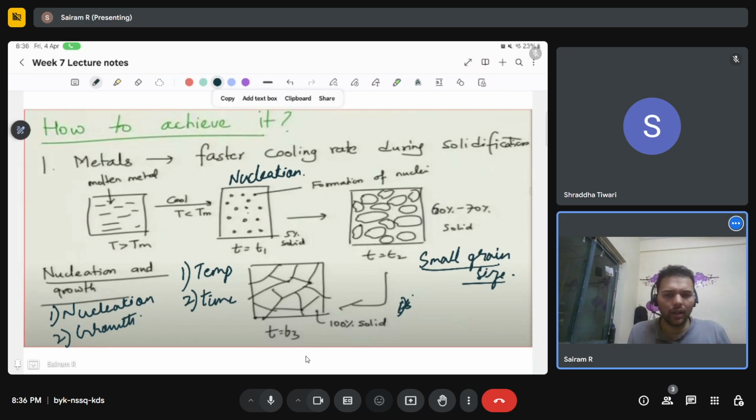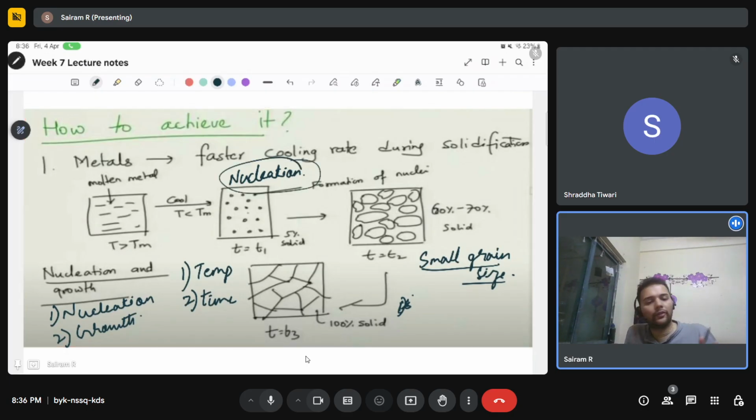So right now, if my cooling rate is very, very fast, I am going to form very small nuclei. That is the very first step. I have my nuclei formed. Now, a nucleus will form and survive only if it reaches the critical radius of the nuclei.